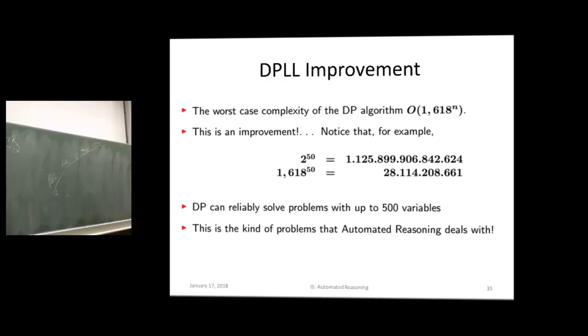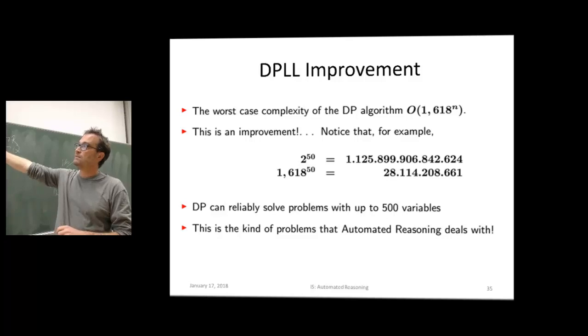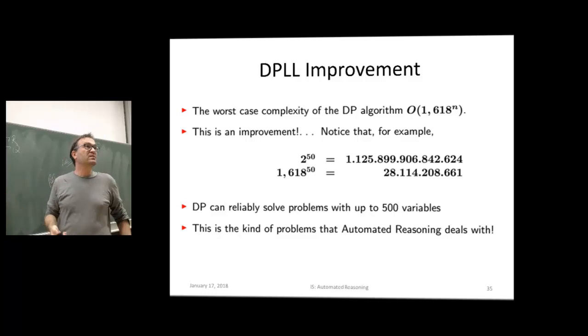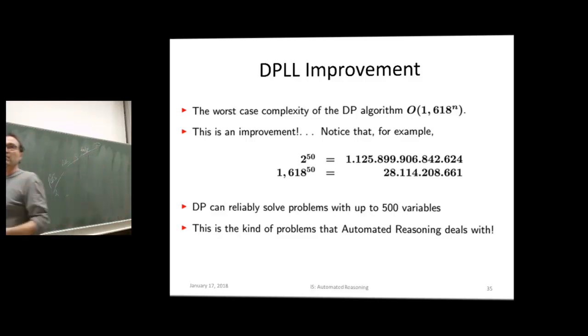And just to give you an idea of what we are talking about here in terms of improvement, the difference between DPLL and the naive search: if you have 50 variables, which is not that much, the naive search is in the order of 10 to the power of 15.